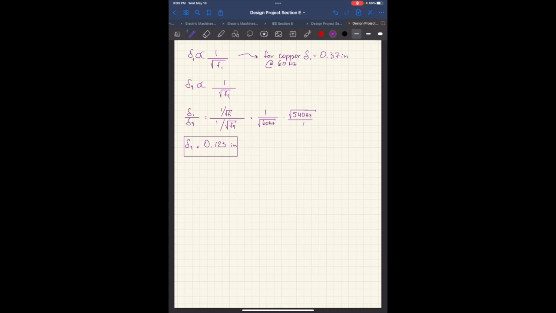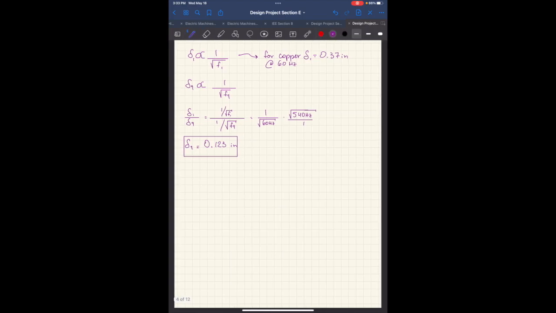So basically, if you have the cable, each individual strand in there, have you seen it? Each individual strand, for our case, must be less, basically the diameter must be either this value or less, not greater. If it's greater than this, you're going to have skin effect. It has to be less than this. I'll write that down.